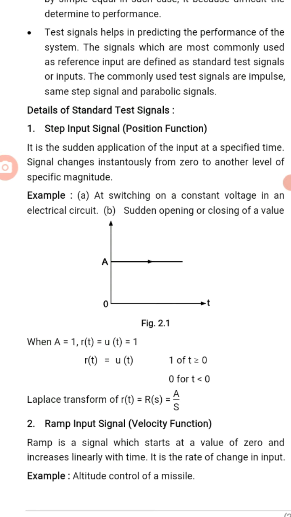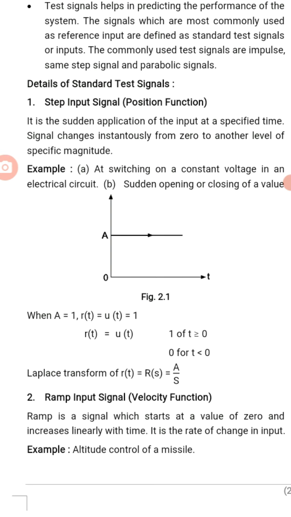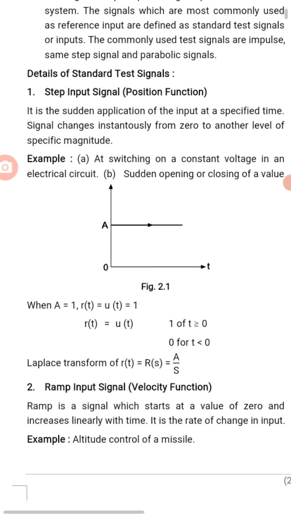So r of t becomes unit step signal. This is also called unit step signal. And when will it be 1? If t is greater than or equal to 0, for the instantaneous position, and after that its value is unity.